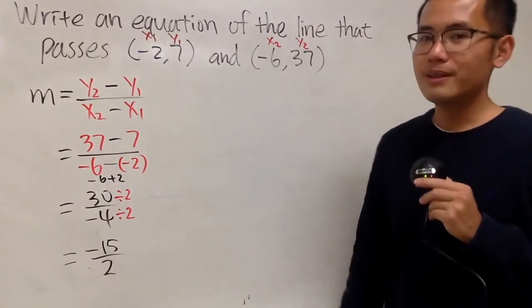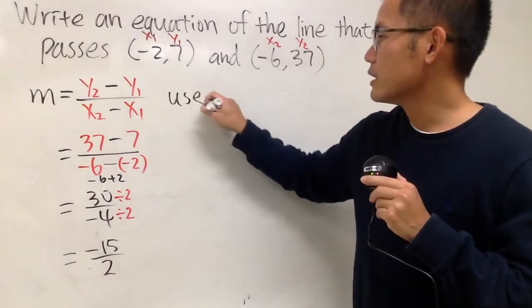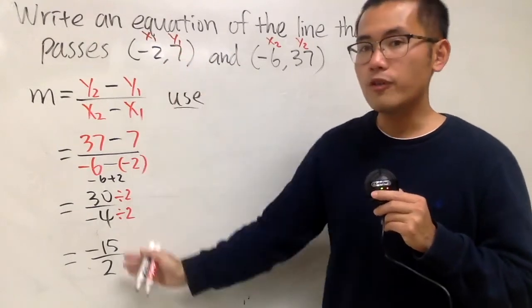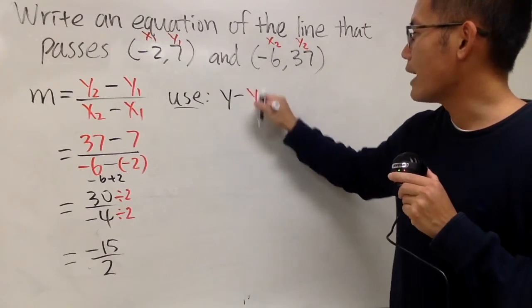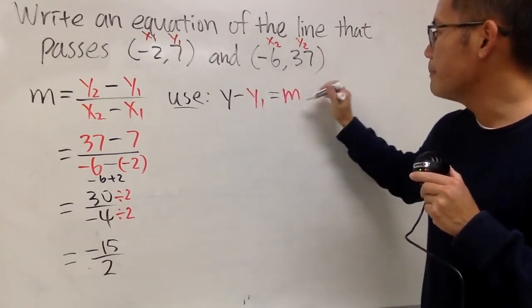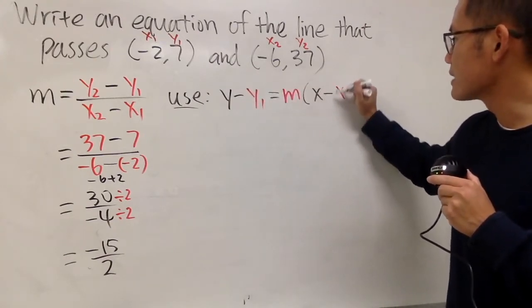So that's the slope. Then we are going to use the point slope form of the line. That's the form y minus y1 equals m times x minus x1.